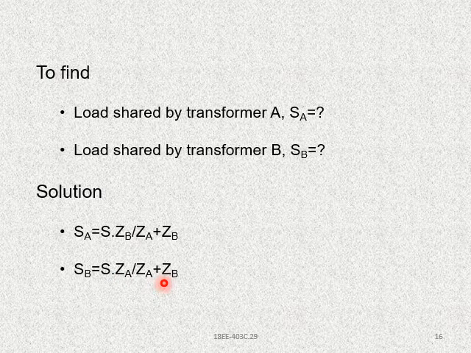It is very clear that we have the value of S, ZB, and ZA plus ZB. So we just need to substitute the values in the Casio and get the answer. Just make a note of this.